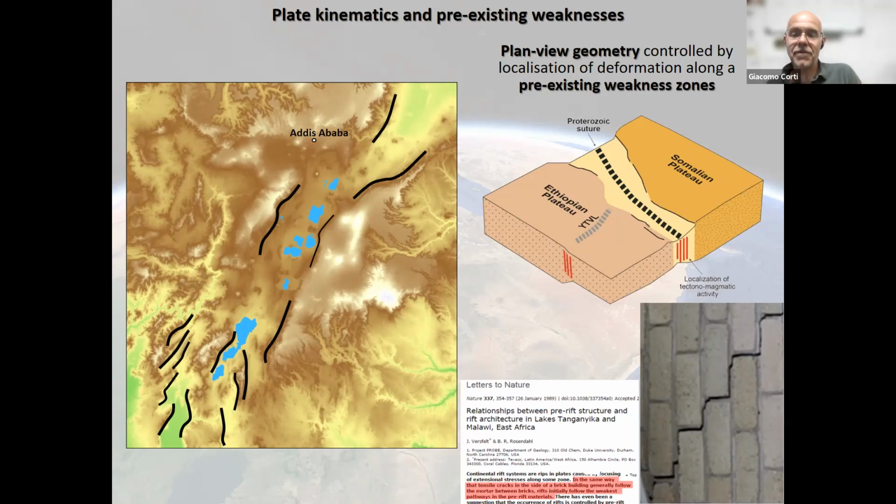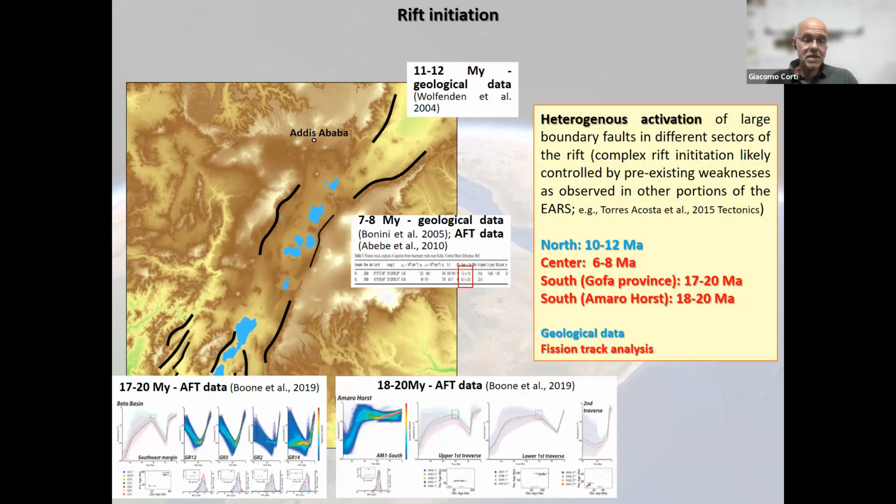So normally the fractures tend to localize in the weakest part of a wall or a lithosphere in the case of continental rifting. So we have a strong localization of the deformation in this area, and the initial phases of rifting were characterized by the heterogeneous-in-time activation of large boundary faults in different sectors of the Rift Valley.